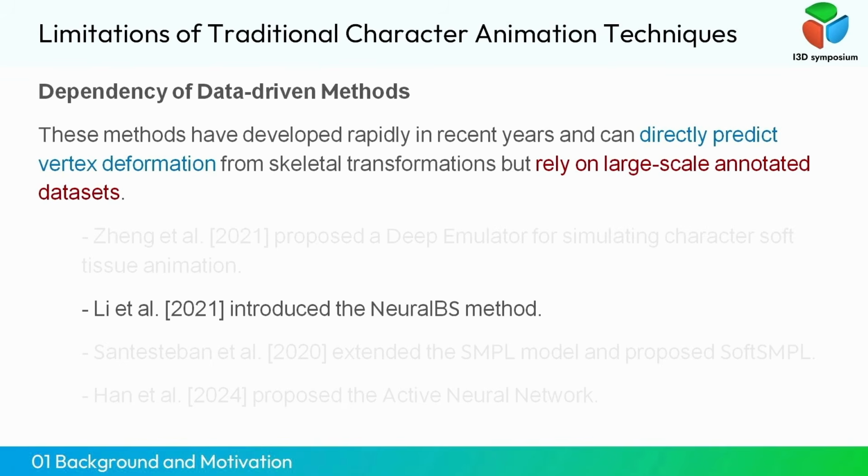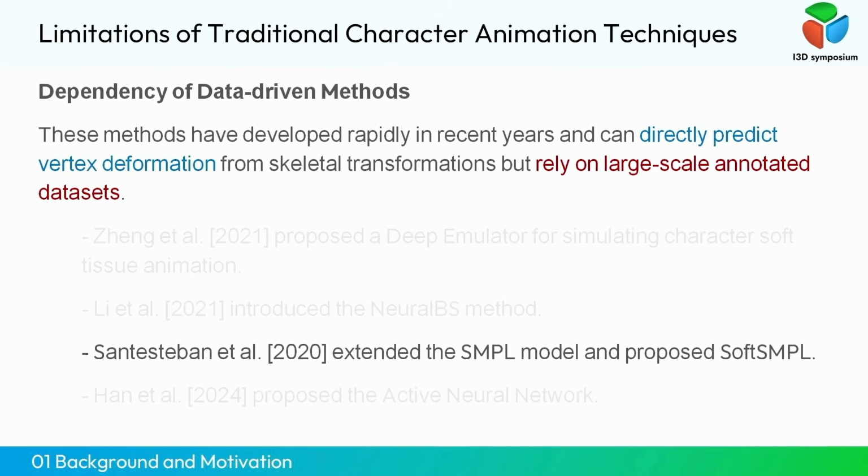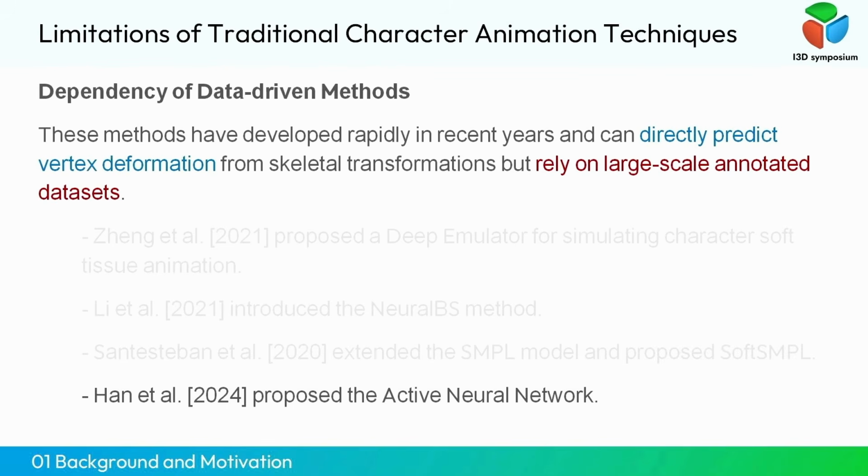Li et al. 2021 introduced NeuralSkinning, which learns the mapping between skeletal transformations and vertex deformations to generate pose-dependent deformations but requires large-scale labeled datasets to ensure accuracy and robustness. Santesteban et al. 2020 extended SoftSMPL, based on SMPL, to learn nonlinear soft tissue dynamics but also relies on large-scale labeled datasets.